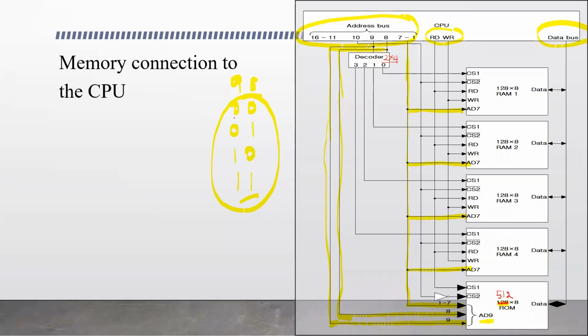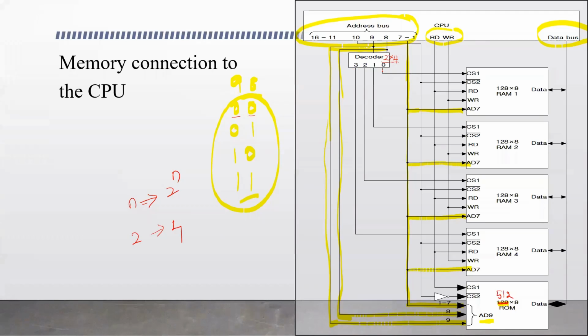The inputs may be 0, 0, 0, 1, 1, 0, or 1, 1, from bits 9 and 8. So these 2 bits are connected to this decoder, and a decoder circuit takes n inputs and generates 2 power n outputs. So here 2 inputs generate 4 outputs. The outputs of this decoder are 0, 1, 2, and 3.